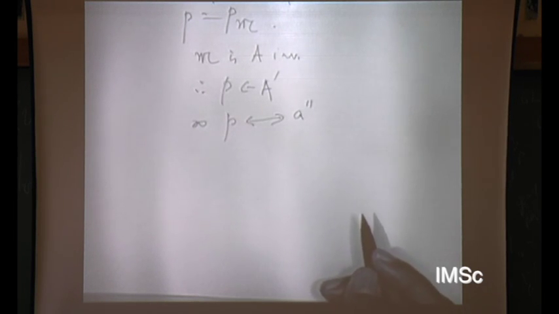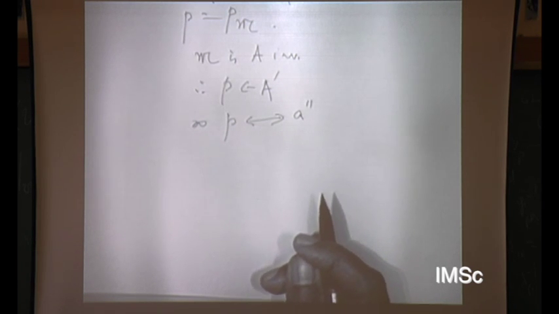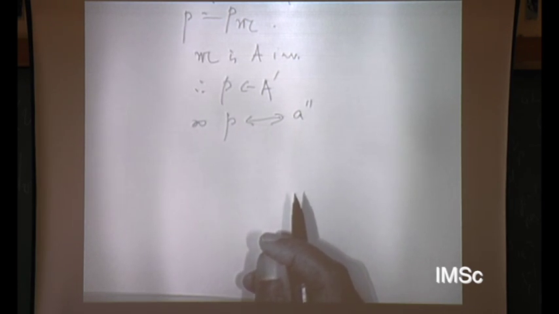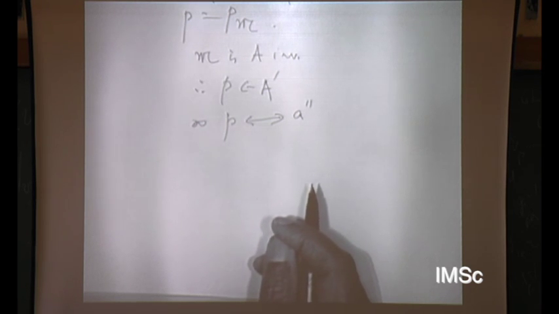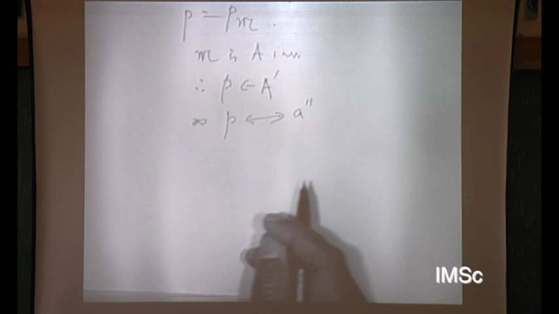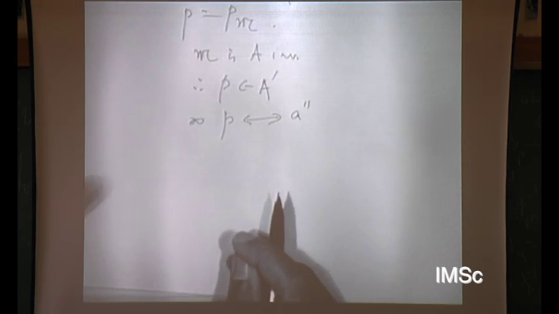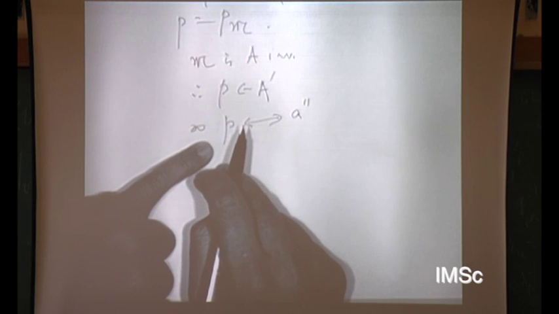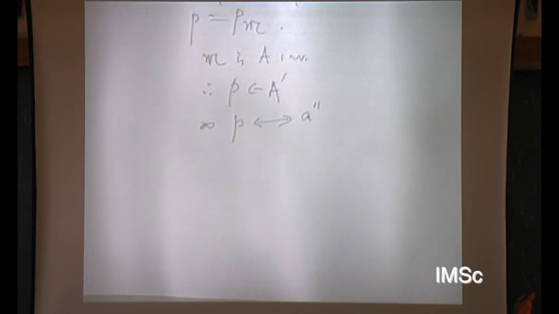A double prime was chosen from the double commutant, which is all those fellows which commute with everybody in the commutant. In particular, it must commute with this P. Now, if A double prime commutes with P, then in that matrix form, A double prime must be of diagonal type, must have 0 on the off-diagonal blocks. In particular, A double prime must leave M invariant. It leaves not only M invariant, it leaves M perp also invariant.